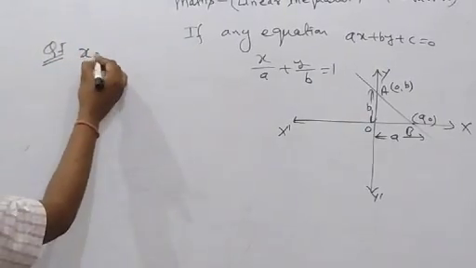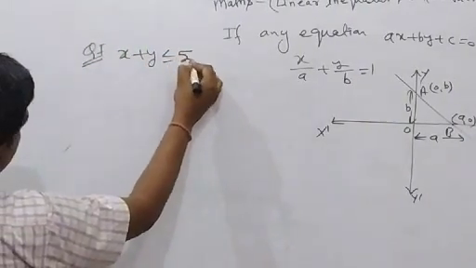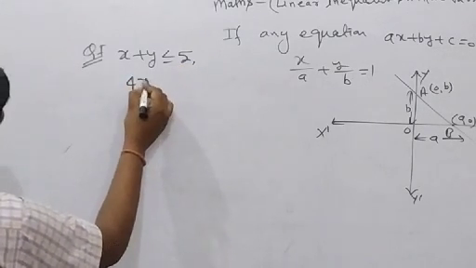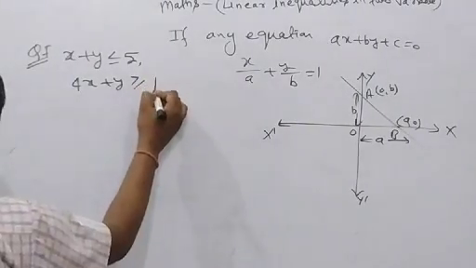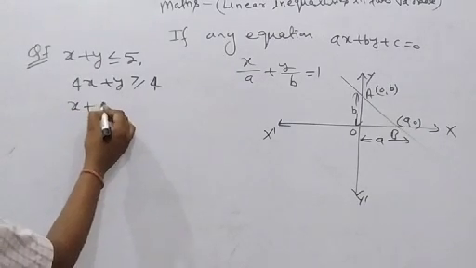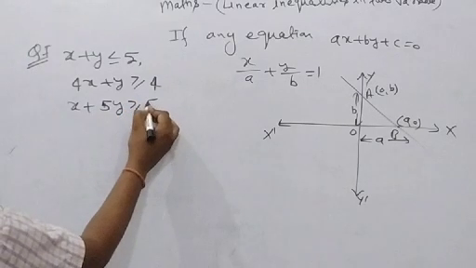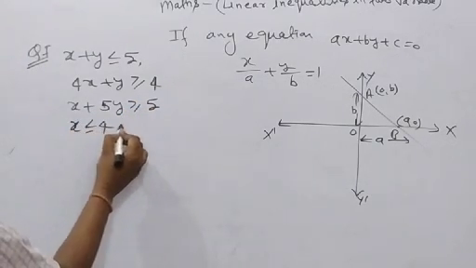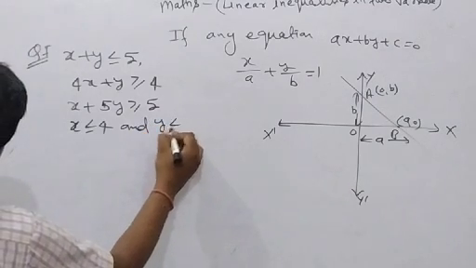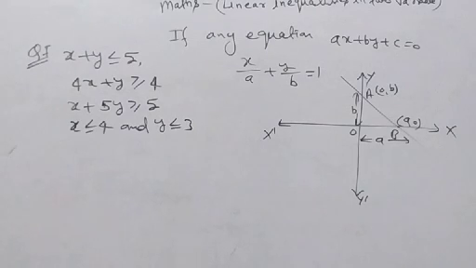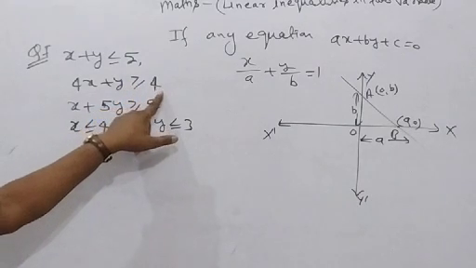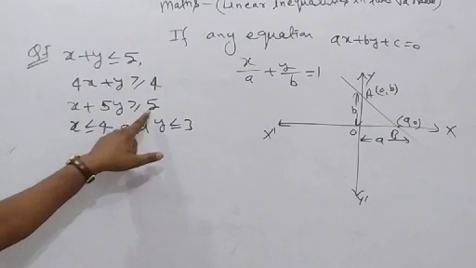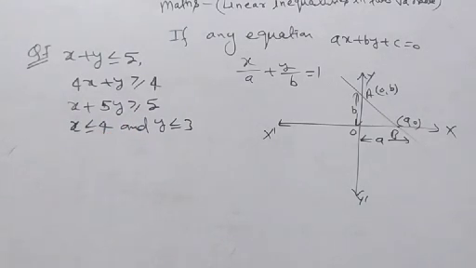Now I am going to give one example. Question number 1: x plus y is less than or equal to 5, 4x plus y is more than or equal to 4, x plus 5y is more than or equal to 5, and x is less than or equal to 4 and y is less than or equal to 3.